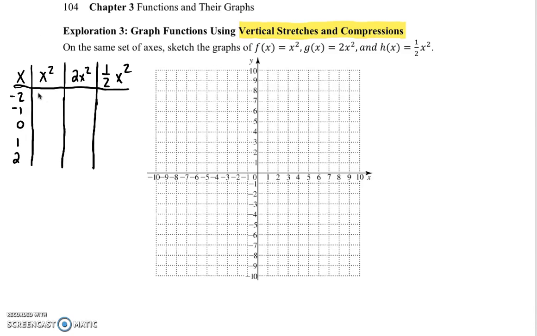And let's see. For x squared, if we put -2 in, we have 4. -1 gives us 1, 0, 1, and 4.